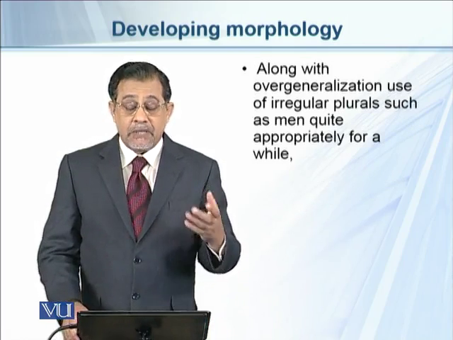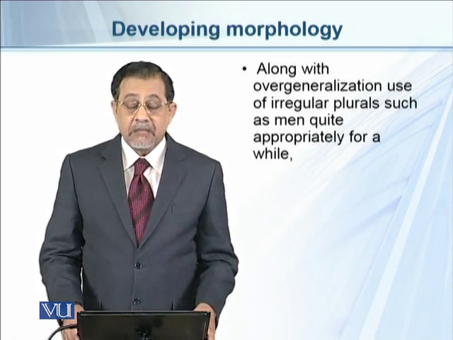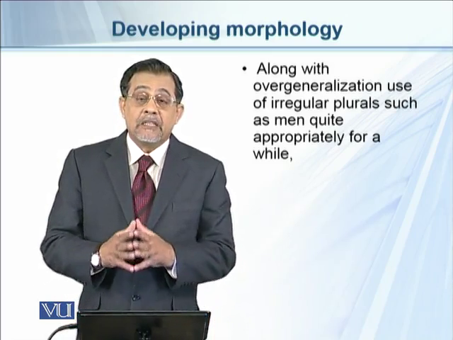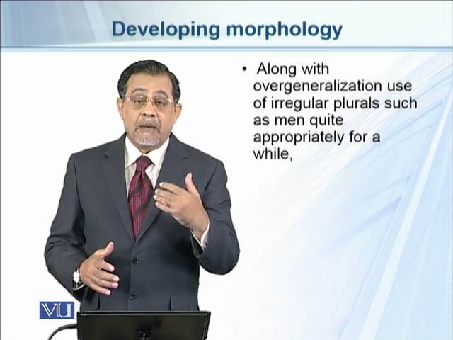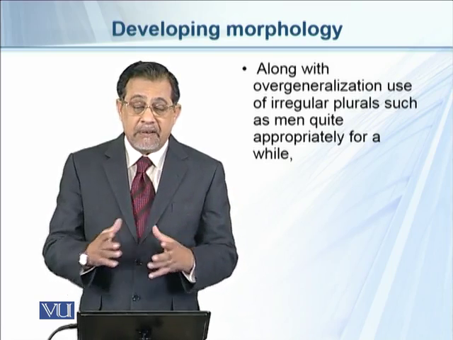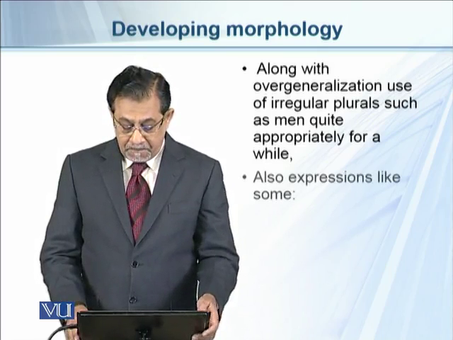Along with overgeneralization, there is use of irregular plurals such as men quite appropriately for a while. So at the same time, the child also uses the plural men for man. So irregular plural is also seen to be used by the child.